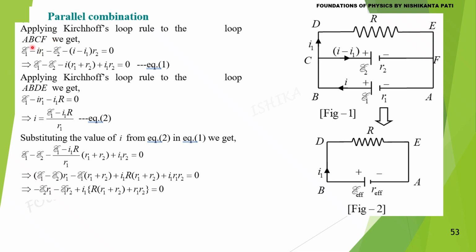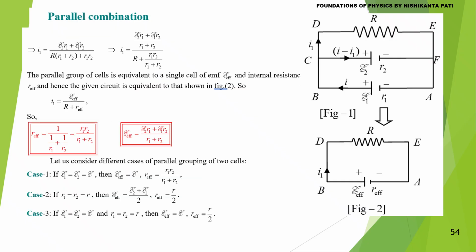Then by KVL to ABCF, the equation is like this. Then applying KVL to ABDE, the equation is this. Putting this value of I in equation 1 and rearranging, we get I1 to be this much.